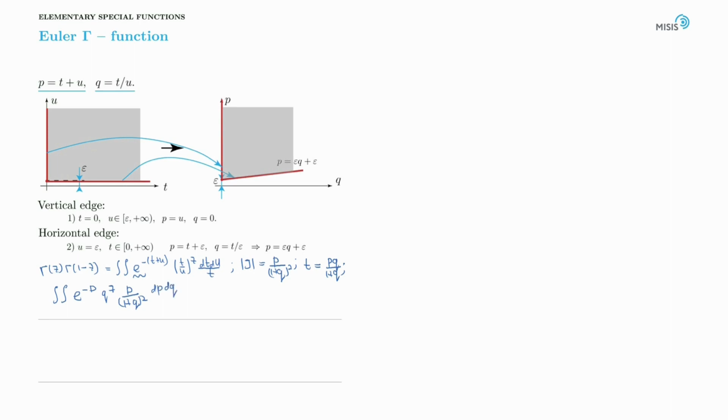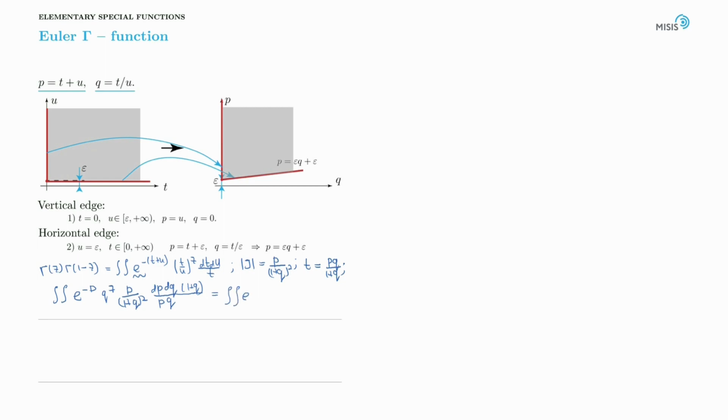And then there is t in the denominator, so it's going to be just pq divided by 1 plus q. So 1 plus q and 1 plus q squared cancel each other, and we are left with a simplified double integral.